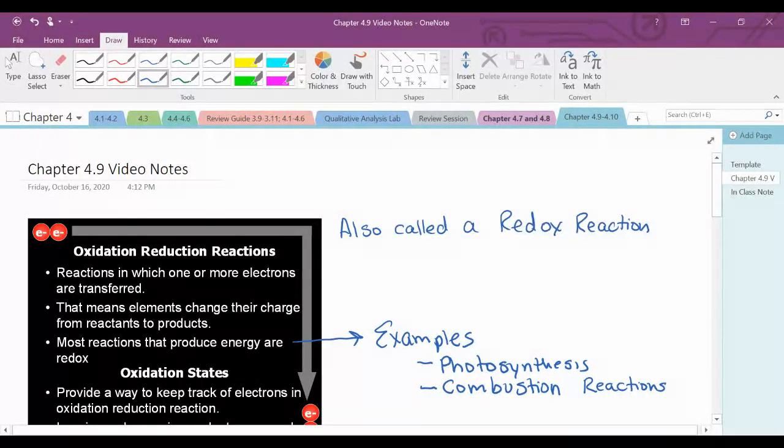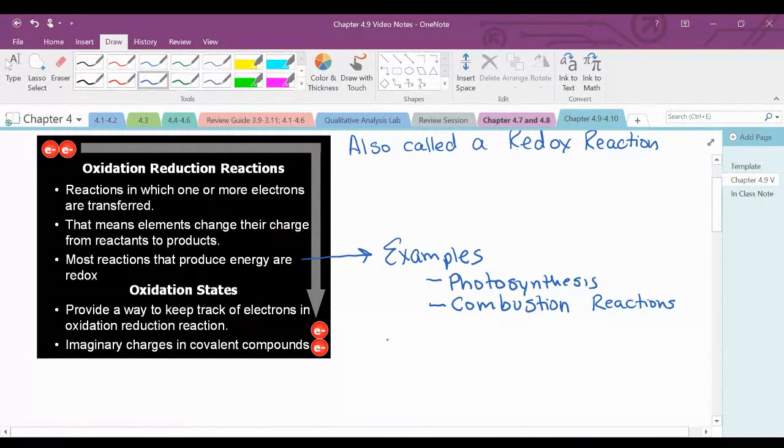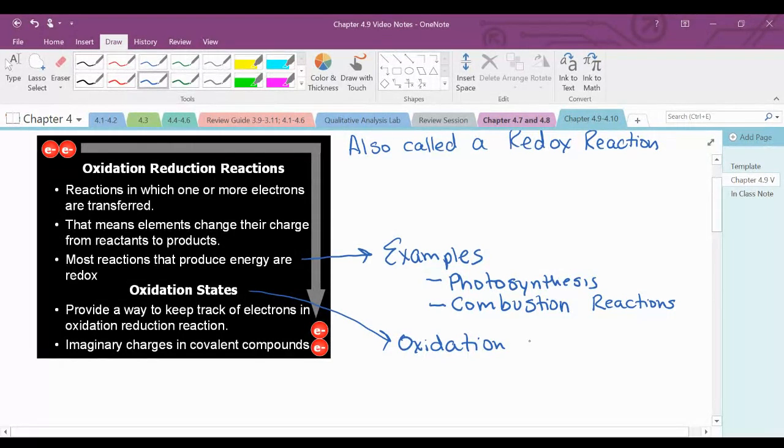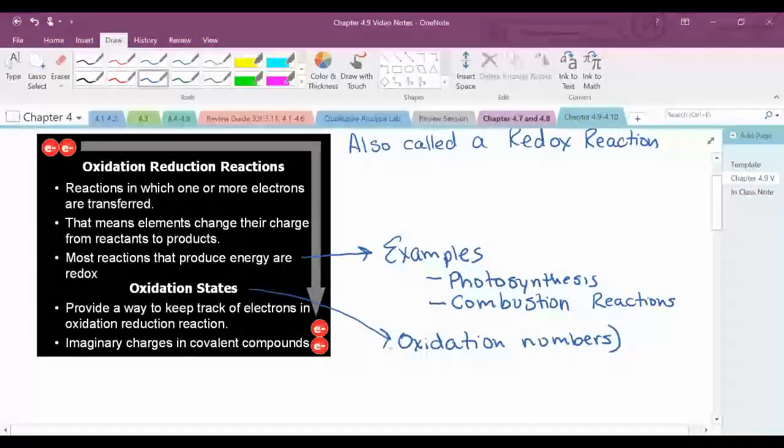So oxidation states, oxidation numbers, are a way to keep track of electrons in oxidation reduction reactions. They're imaginary charges in covalent bonds. So there's a table in your book.